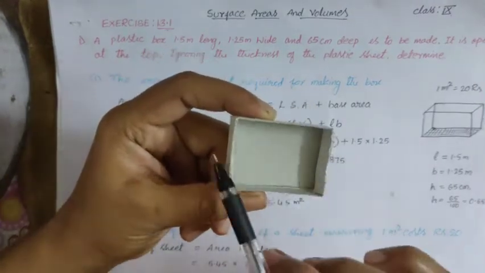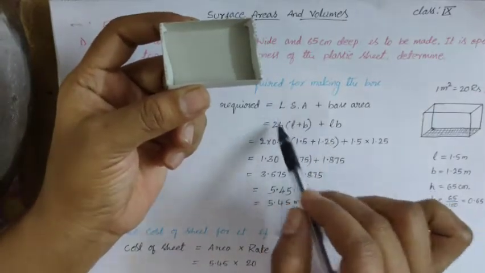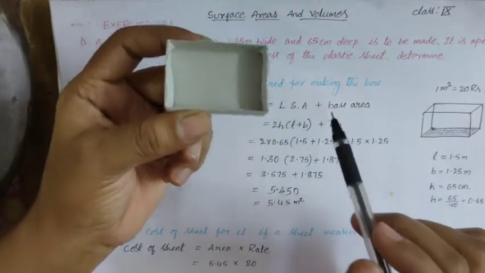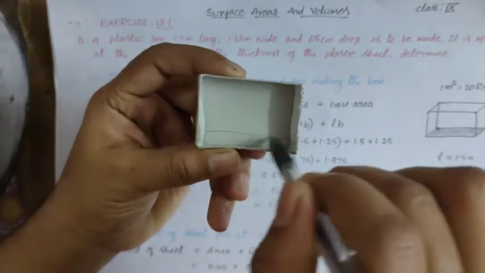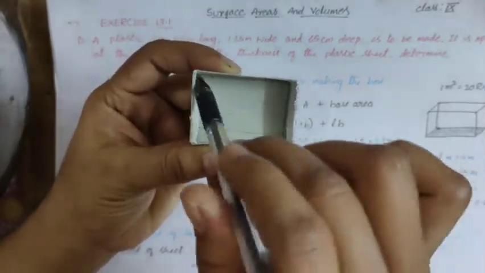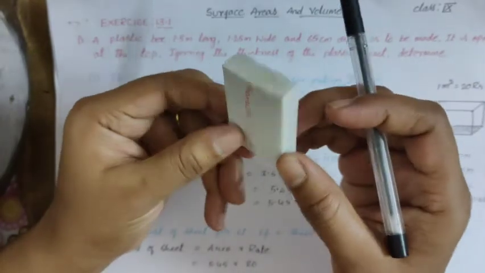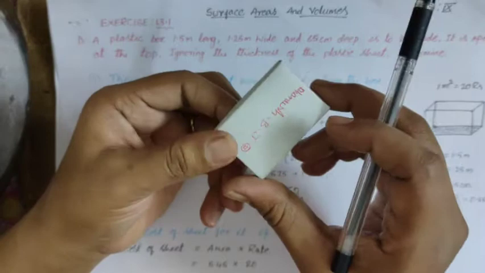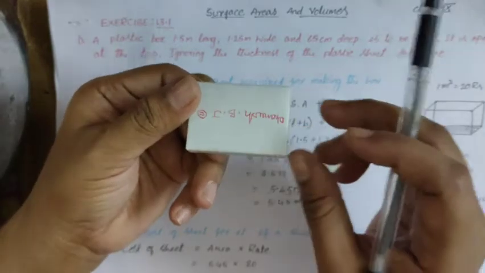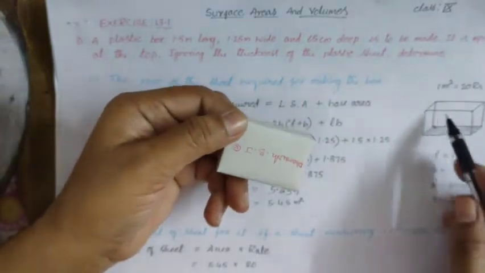1, 2, 3, 4. 4 surfaces. That's the lateral surface. And again we have to find the base of this cuboid. So what is the shape of this base? Yes, it is in the shape of a rectangle. What is the area of the rectangle?